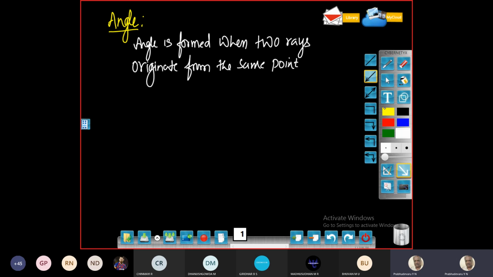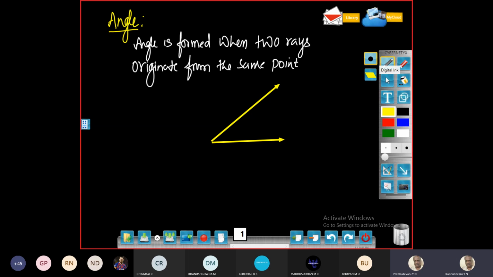So I am going to draw the diagram here. This is one ray, then another ray also I will draw. So this one is another ray. Let us label this as O, and OA is one ray, and OB is another ray, and it is making an angle.